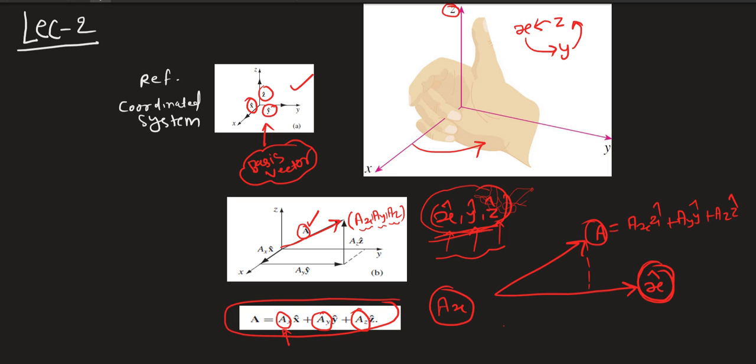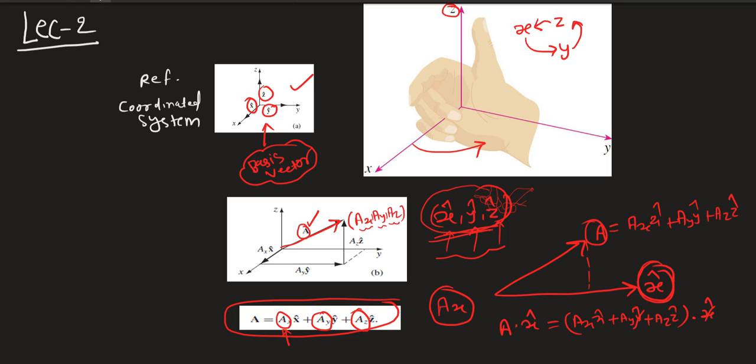So when you take the dot product of A with x cap, you will get ax x cap plus ay y cap plus az z cap, dot x cap. The dot product of y cap with x cap would be 0, because these are two perpendicular vectors and the angle between them is 90 degrees, so cos 90 is 0. Just recall the definition of the dot product.